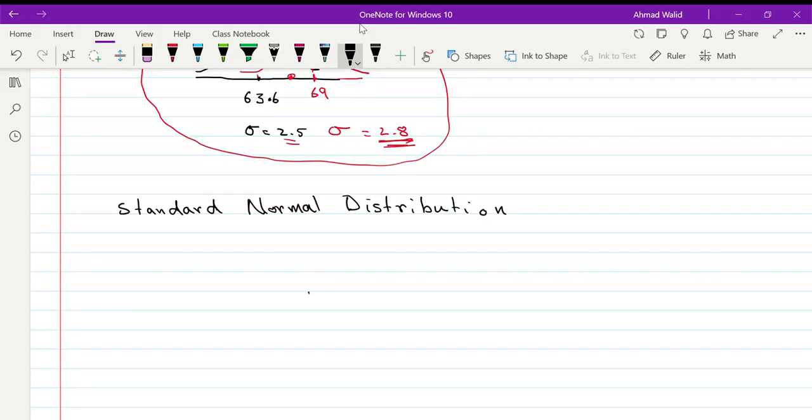If I draw a curve for you, in a standard normal distribution, there are a few things happening here. First, your mean is always 0. Your standard deviation is always 1. And the area under this curve is also always equal to 1.